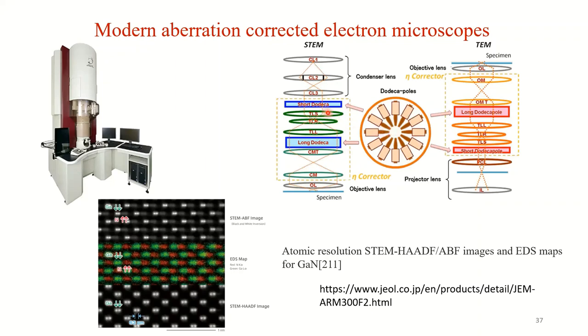Here we are using dodecapole magnets. The working principle is the same as those hexapoles, but this is called an expanding trajectory aberration corrector. So here you have a short dodecapole, here you have a long dodecapole, and the excitation of these two dodecapoles is a bit different in order to correct for twofold or fourfold aberrations.